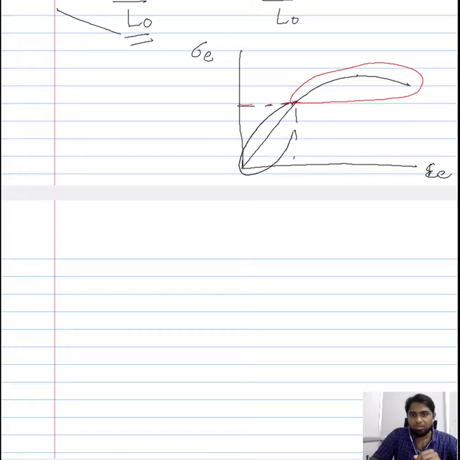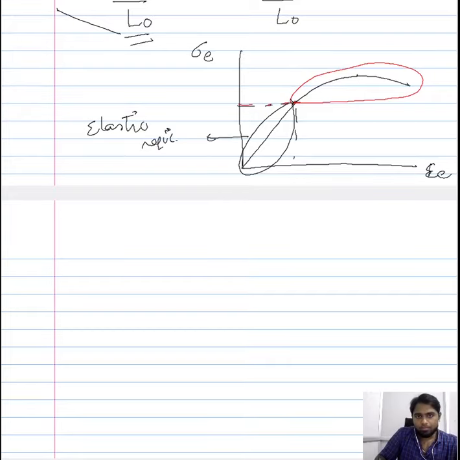So we are sectioning the whole of the stress strain curve into two sections. One is the linear section, which we saw as the elastic region, and this non-linear region is much different from the elastic region. So let's begin with understanding what is different in this region.